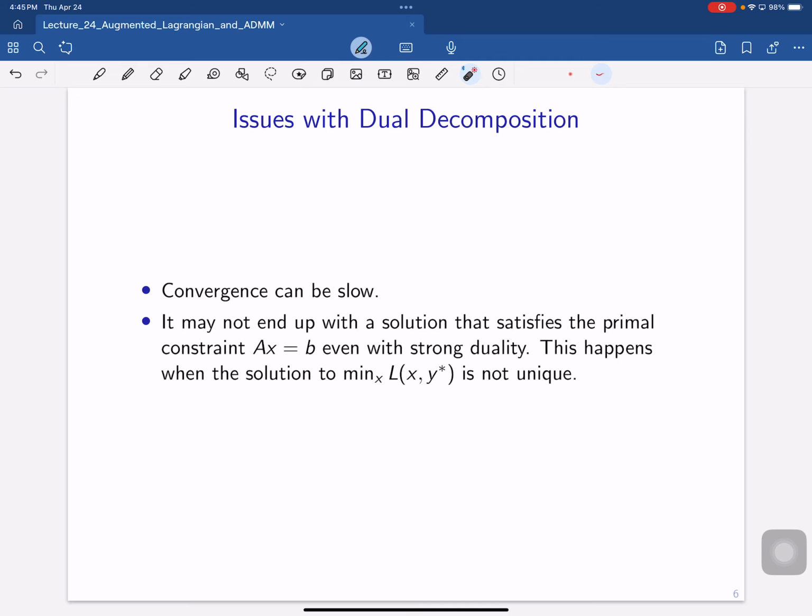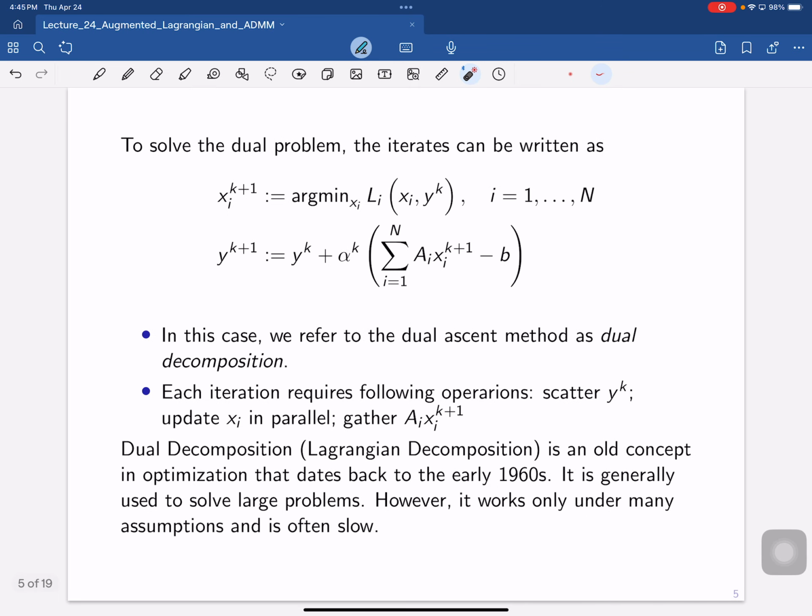So because you see here, you already bring Ax minus b to the objective, right? So when you solve for all the xi's, Ax minus b has already been dualized, right? There's no guarantee the x you find, even at the end of the algorithm, the xi's may not satisfy Ax equals b.